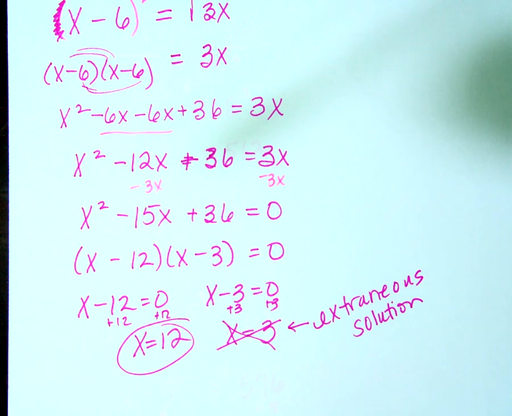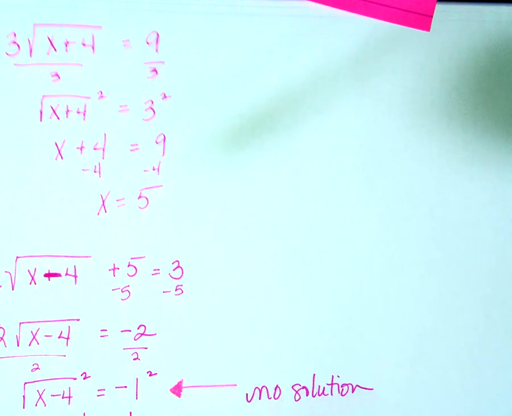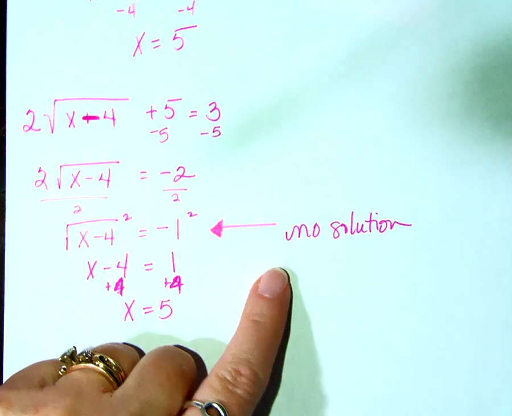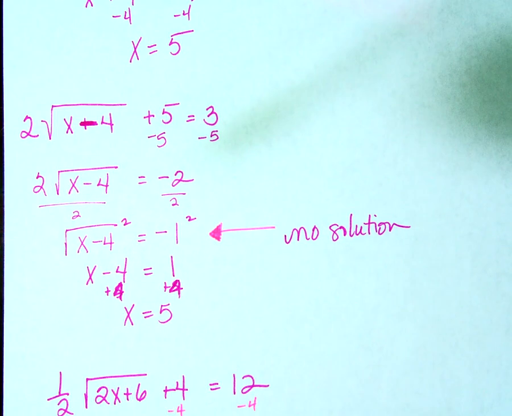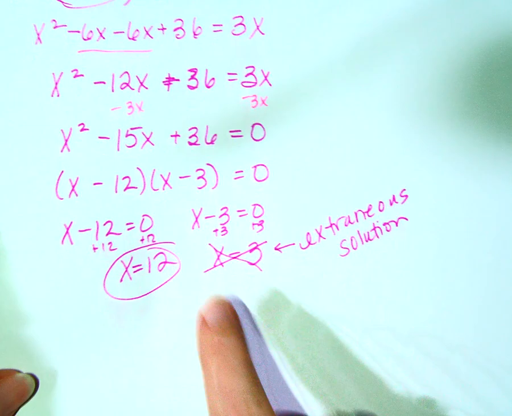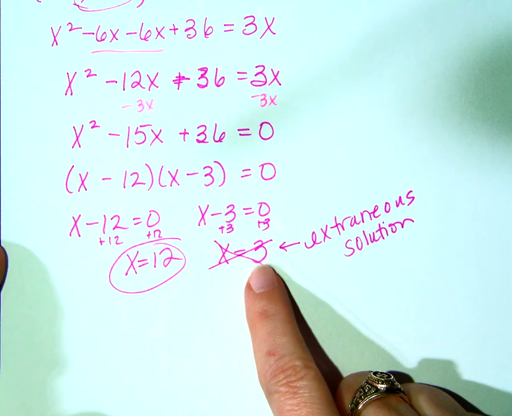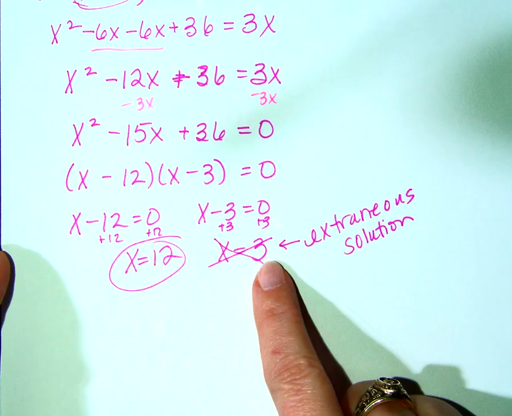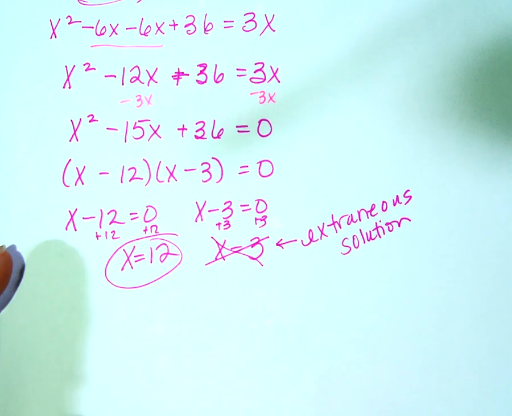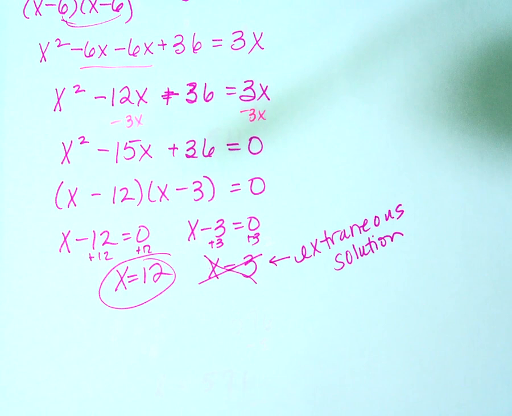Plug it in. I tried to be very clear from almost the very beginning, in our second example, that we need to plug our answers in because we don't know for sure if they work. Keep in mind, on this one, we don't write no solution, because we did get a solution. One of them just didn't work. Does that make sense? Any questions?